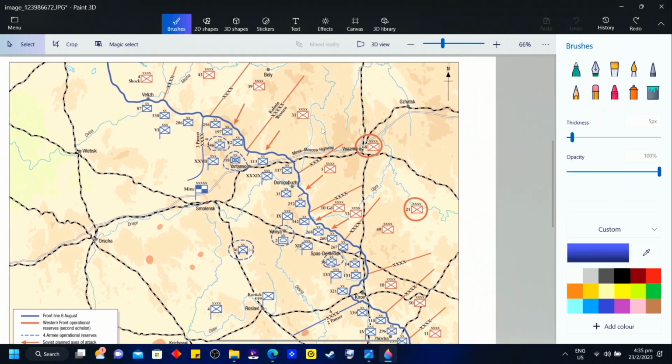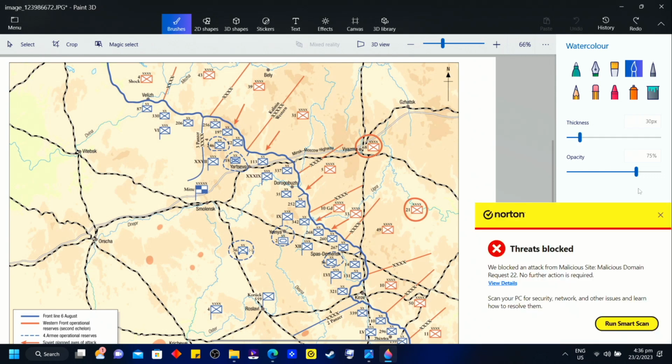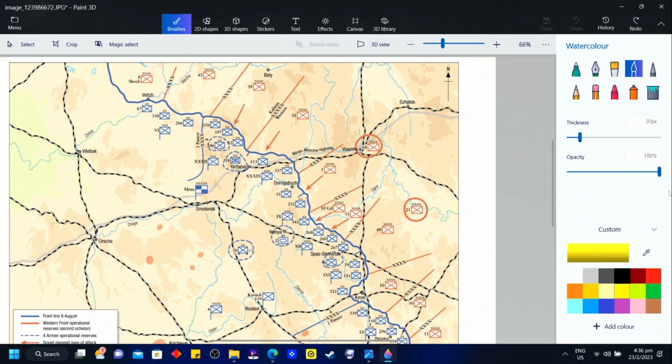So let's put it this way. The Western Front is, let me do a brush. I need the opacity to be higher. The Western Front stretches all the way from here.